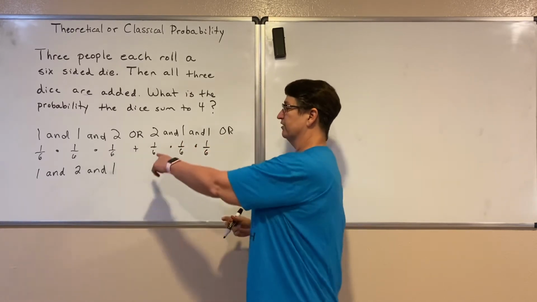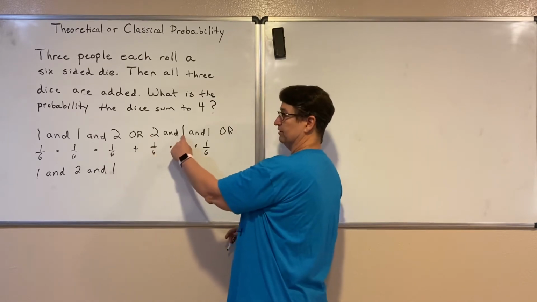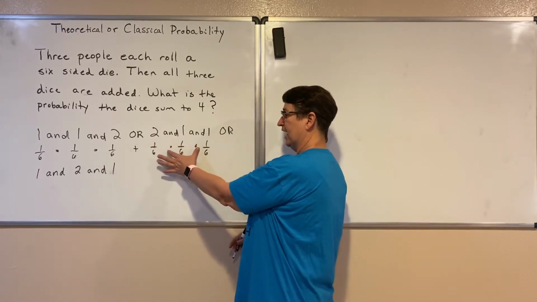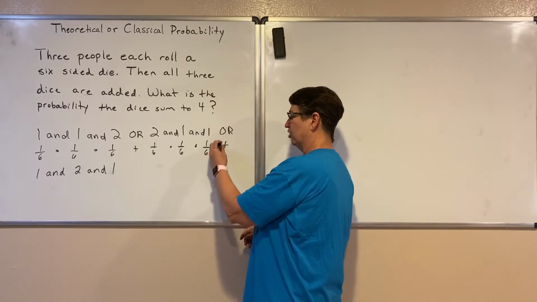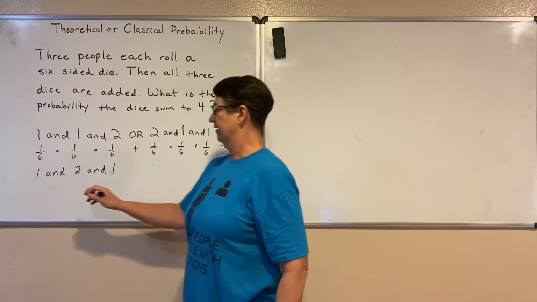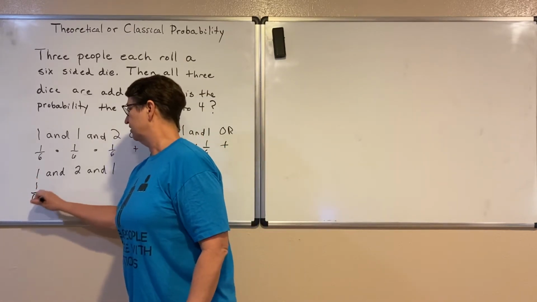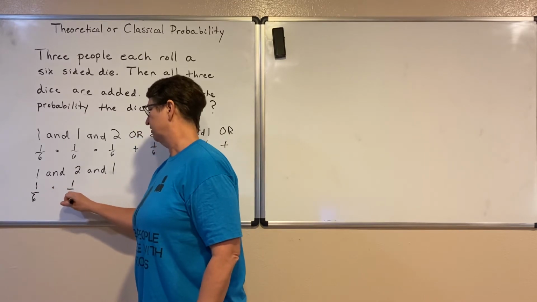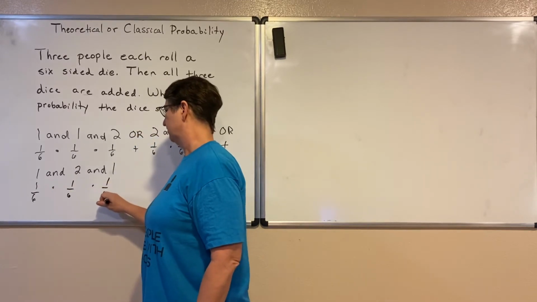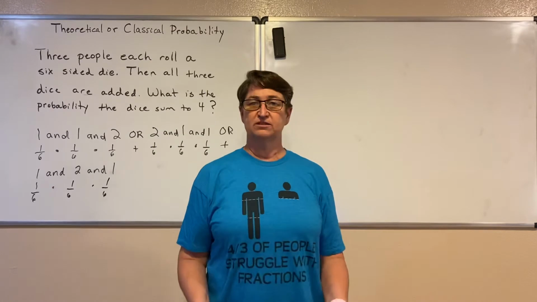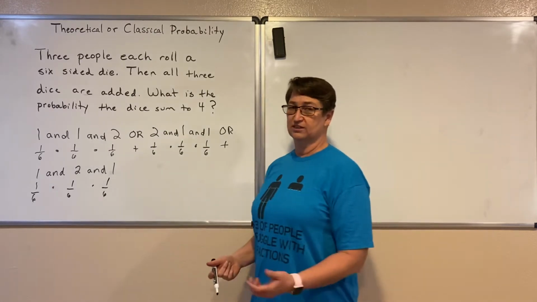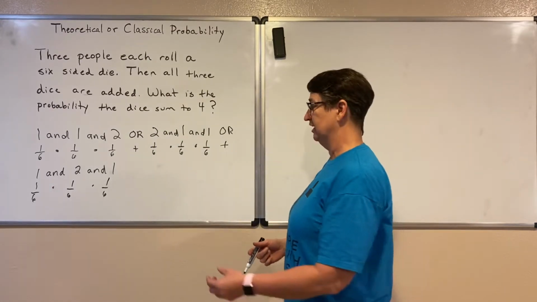The probability this guy rolls a 2, the probability this guy rolls a 1, and the ands tell me to multiply, and the ors tell me to add. Then 1/6 times 1/6 times 1/6. Now we've already seen that 1/6 times 1/6 times 1/6 is 1 out of 216.